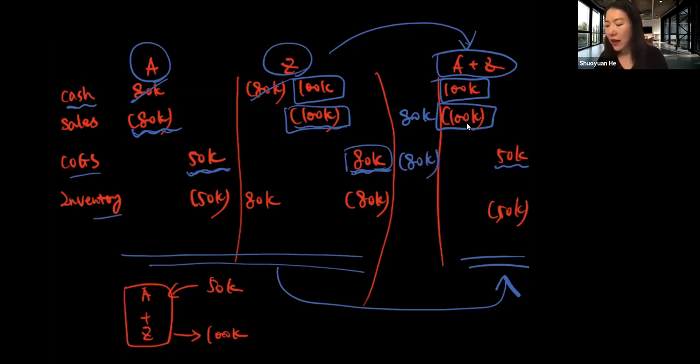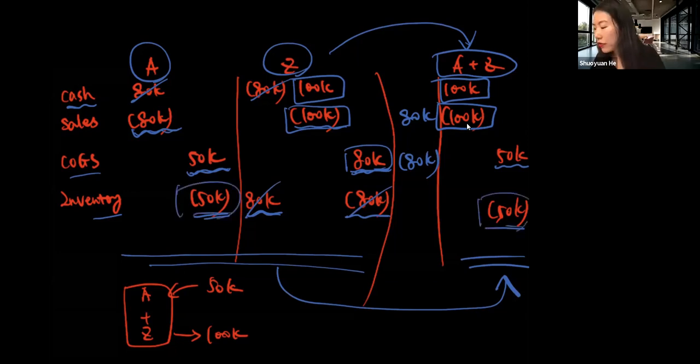For the inventory account, on Arlington's book, it is recording... should be recorded, which is the initial 50,000.